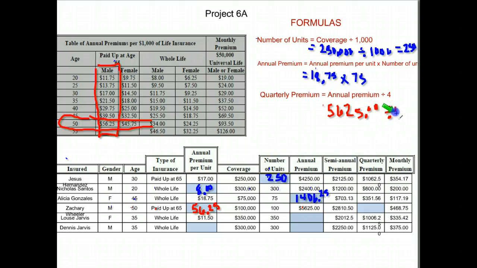So we just divide it into 4 equal payments for the 4 quarters. So 5,625 divided by 4. And we get $1,406.25. Those are small spaces to write in. I'm going to go to a clean page to do the last 2.